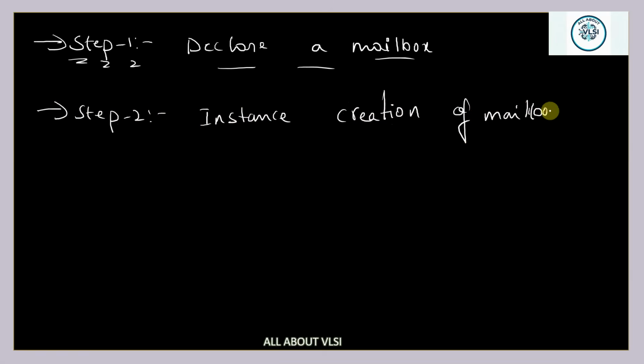So how you're going to create the instance of your mailbox is simply you're going to write down mbx, or the mailbox name, is equal to new. This is how you're going to create your mailbox instance.